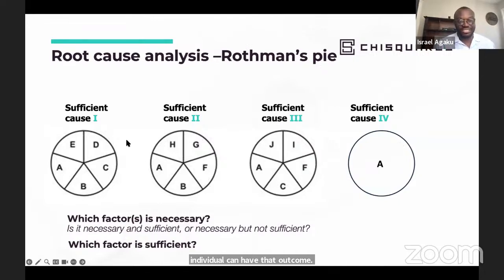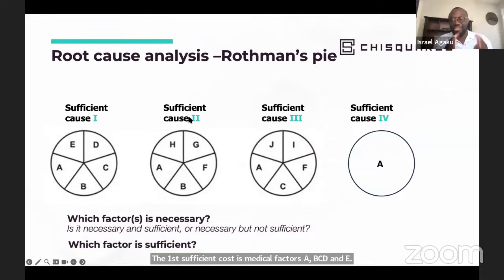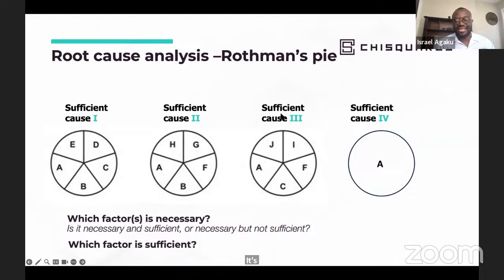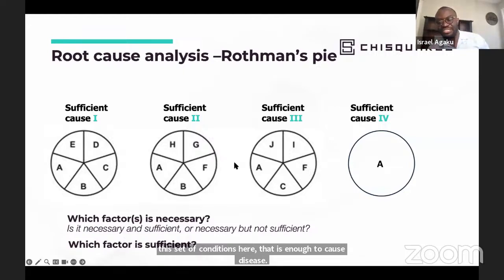The first sufficient cause is made up of factors A, B, C, D, and E. The second sufficient cause, which is a set of conditions, is made up of A, B, F, G, and H. The third is J, I, F, C, and A. And the fourth is just A. So what we're saying is that each of these sufficient causes can cause disease in and of itself. If we have this set of conditions here, that is enough to cause disease. If we have this one, again, that is enough. So that is the idea behind sufficient causes.